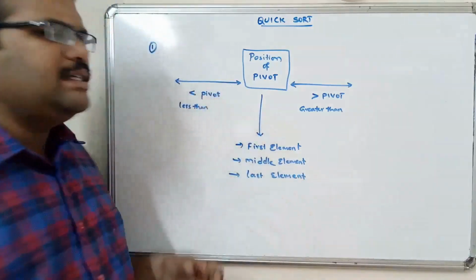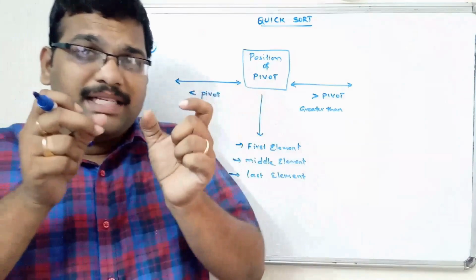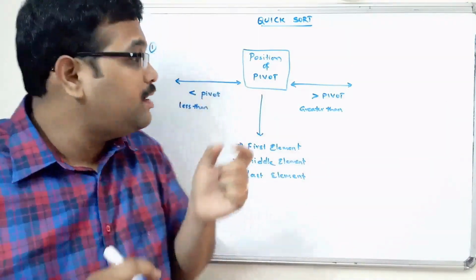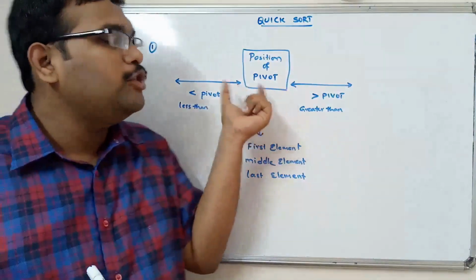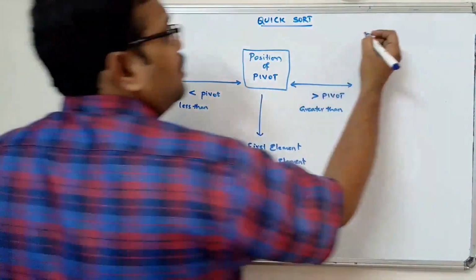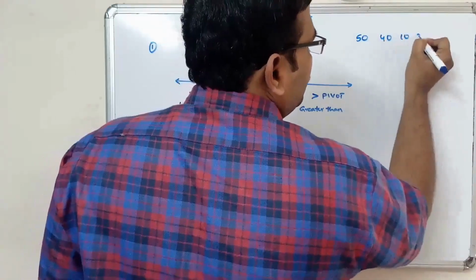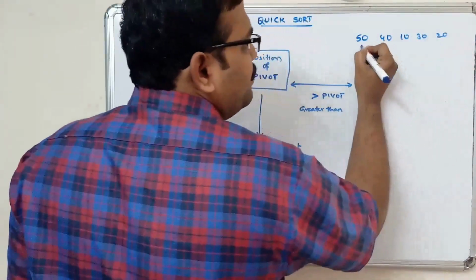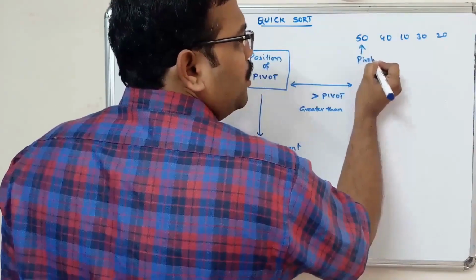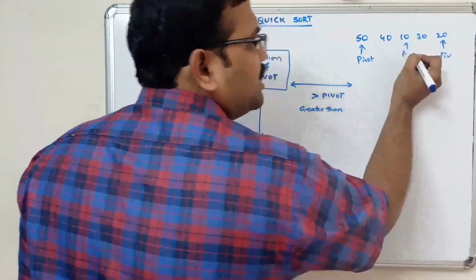So we can consider any element as a pivot element, and based upon that pivot element we have to find the position of that particular pivot element. For example, if the numbers are 10, 50, 40, 10, 30 and 20, this element can be considered as a pivot, or this element, or this element.